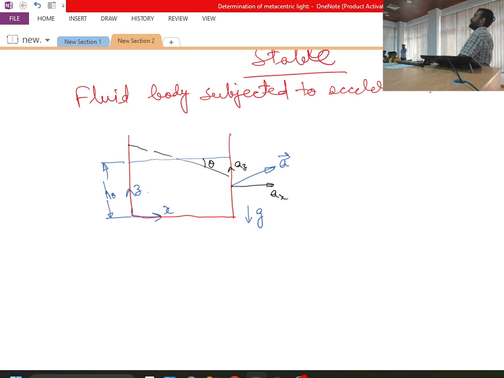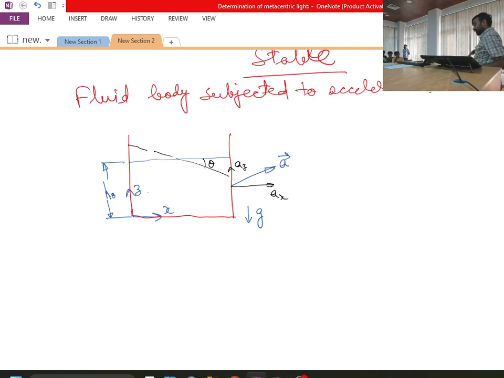Then I started moving it with some constant acceleration a. But it will not automatically come to constant acceleration. Before that, it will have some transient phase also. So we are eliminating that transient phase from our analysis, and we are only talking about the second situation, once it has achieved the constant acceleration. Is this clear?